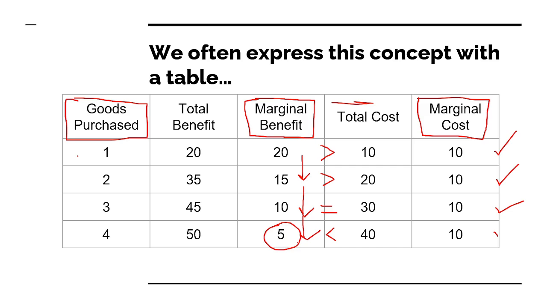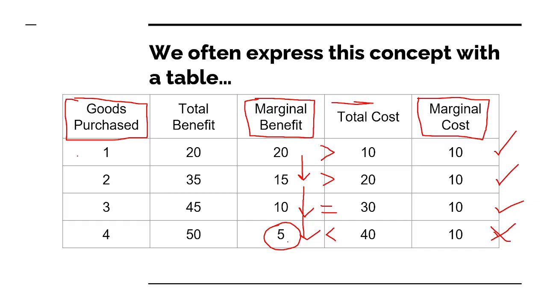We like pizza too much to eat a slice of pizza and not feel, on the whole, better than we were before we ate it. So the marginal benefit is now less than the marginal cost. We should not eat that 4th slice of pizza. If we're thinking rationally, we should not eat that 4th slice of pizza because it is costing us more than it is benefiting us.